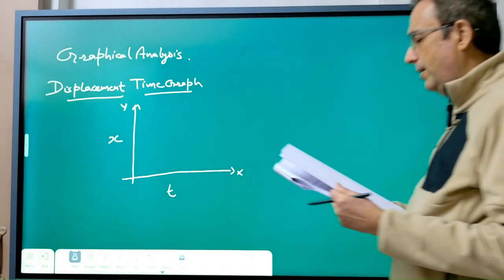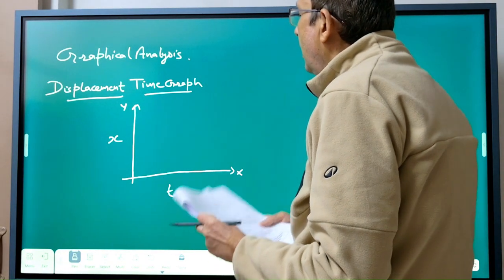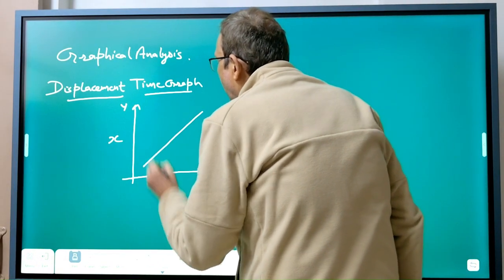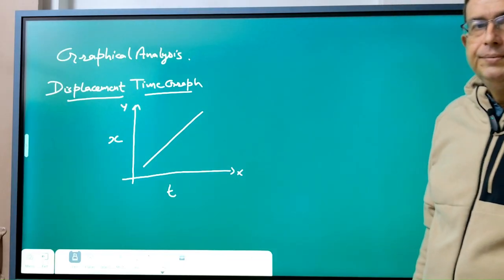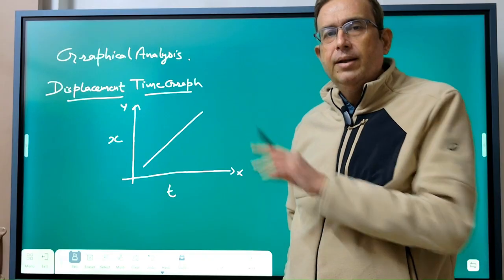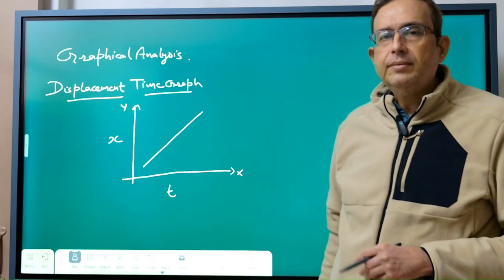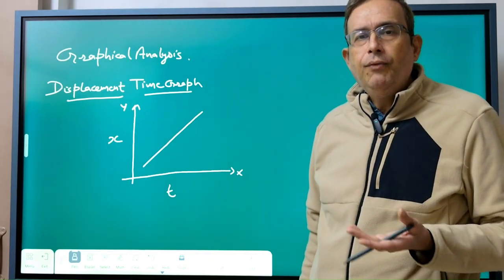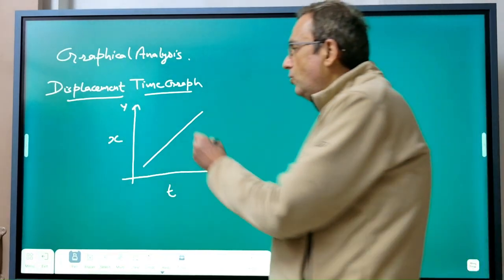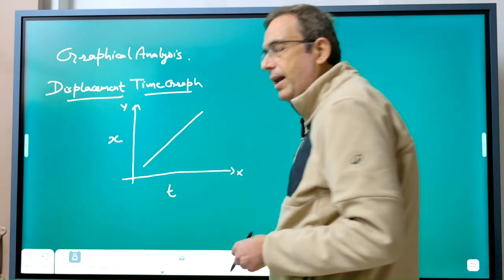So in that case, let us say if you have a straight line graph like this to start with, then as we have discussed earlier also, this represents a uniform velocity. That is, the velocity is not changing with time because the slope of the graph is not changing with time.